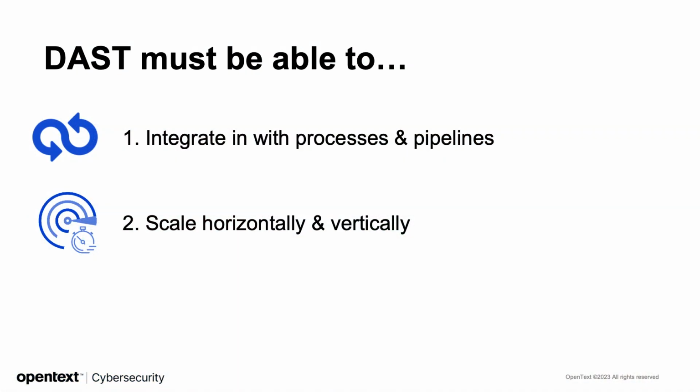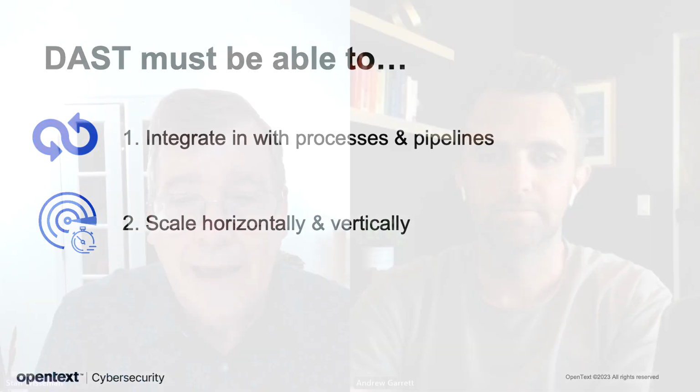What we really need is a more agile DAST process to keep up with the pace of modern development. DAST needs to be able to integrate with the processes and pipelines and scale horizontally as well as vertically in the environment. And as I mentioned, historically, DAST scan turnaround times have precluded their integration into stringent CI/CD pipelines and workflows.